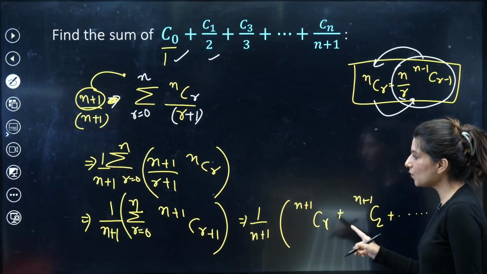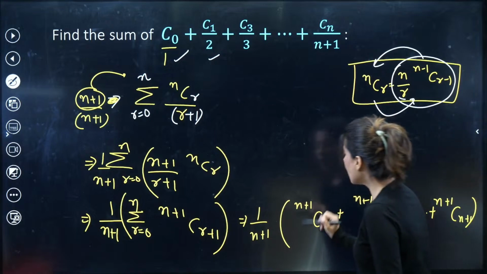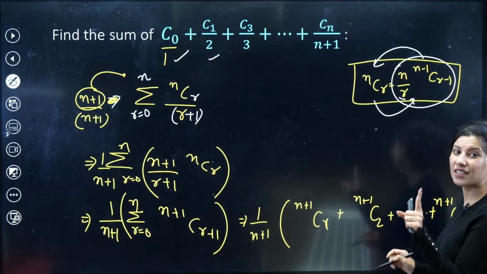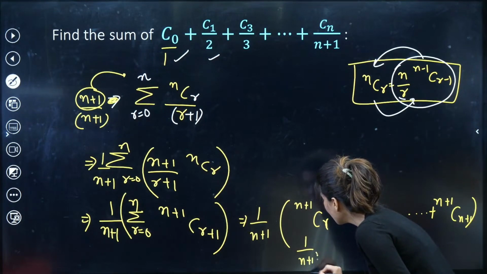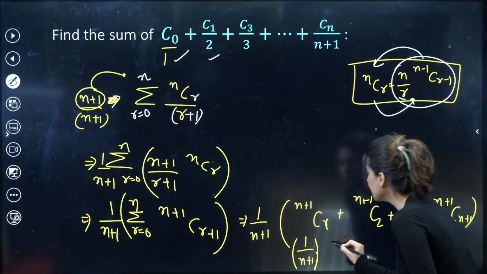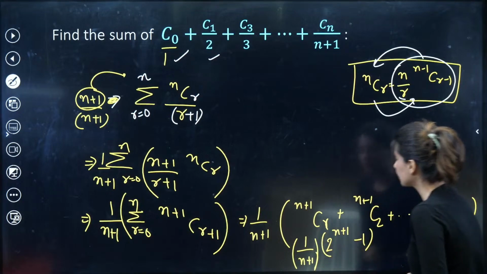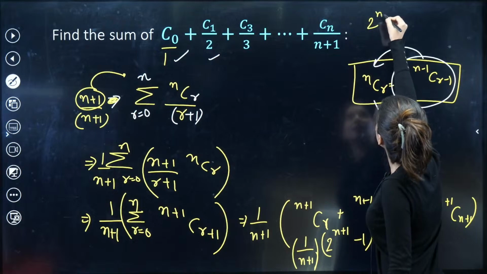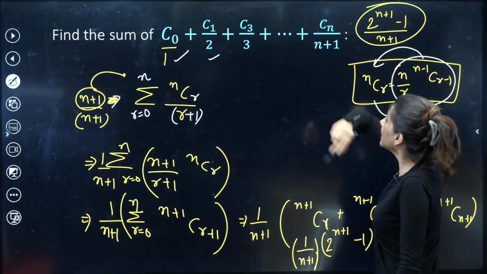And all the way up to n plus 1 Cn plus 1. That's it. Okay. So now can you see that this is having only one missing term, that is n plus 1 C0. And we know this is 1 upon n plus 1, right? And this is going to be 2 raised to power n plus 1 minus 1. So the final answer is 2 raised to power n plus 1 minus 1 upon n plus 1. This is the final answer.